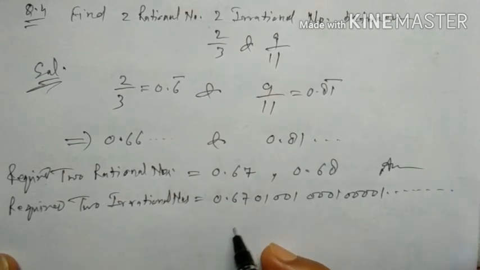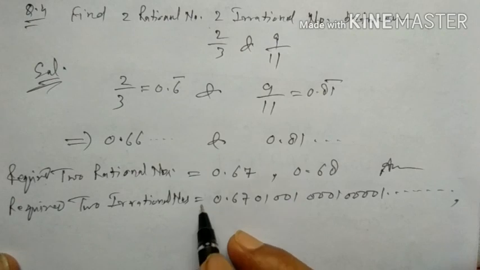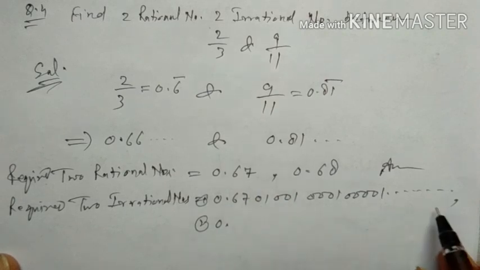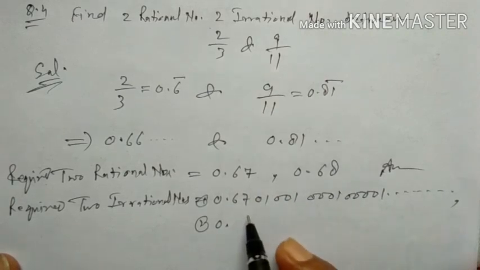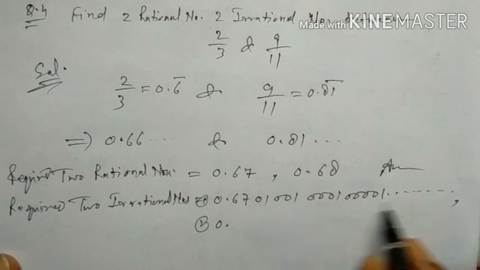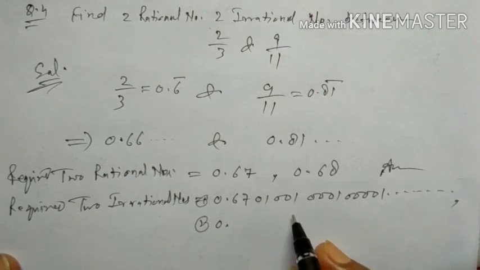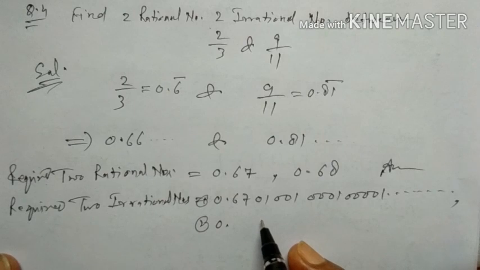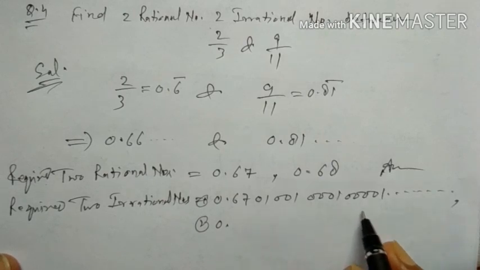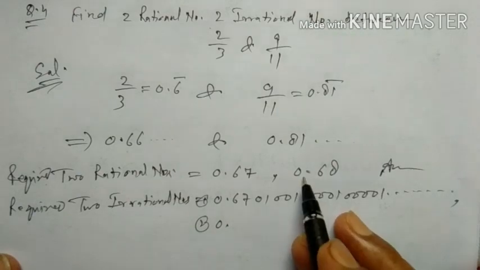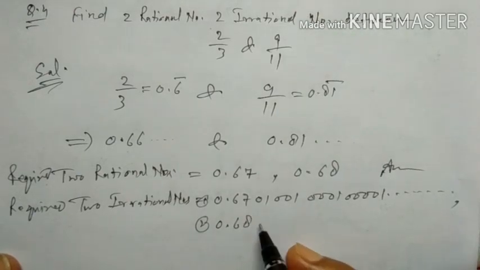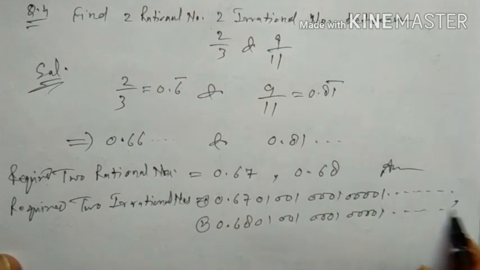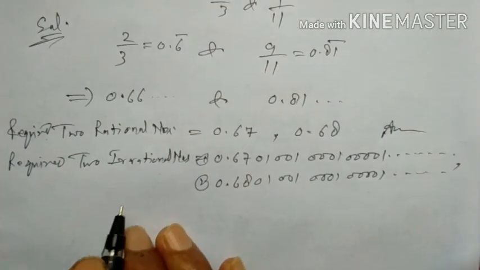And the second number, using this you can write 0.67, 02, 002, 0002, 402, or again 0.67, 03, 003, 0003, 403 and so on. There will be so many numbers. Or you can write 0.68, 01, 001, 0001, 401.